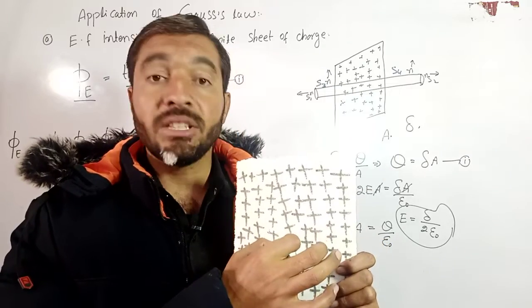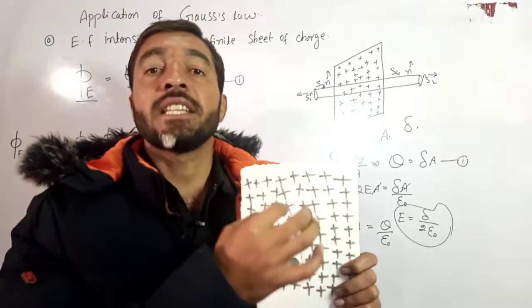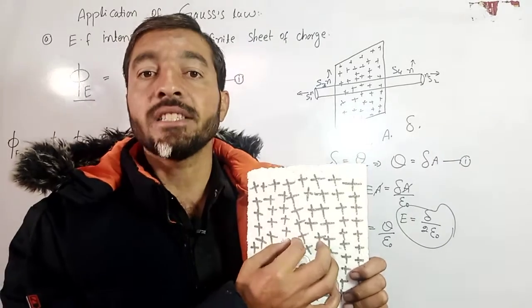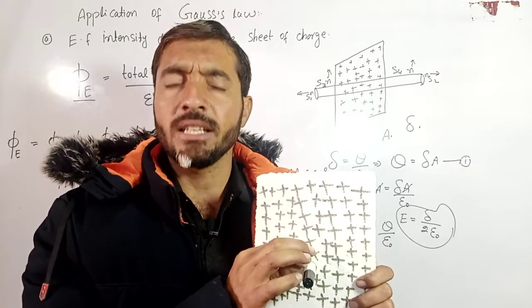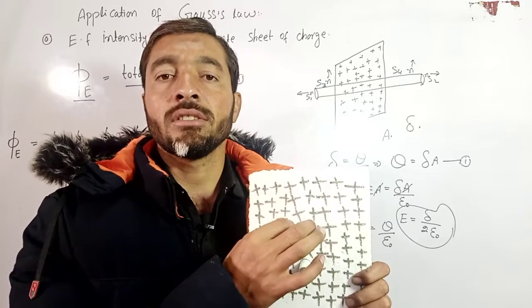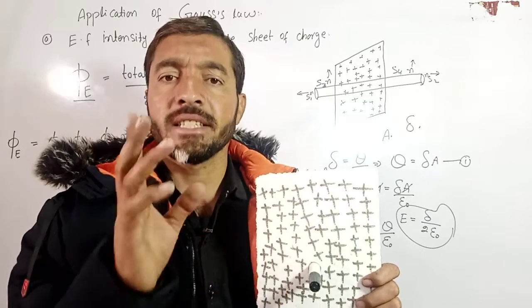And for the surface whose direction is up, while the electric field lines are toward you, the angle between them is 90 degrees.